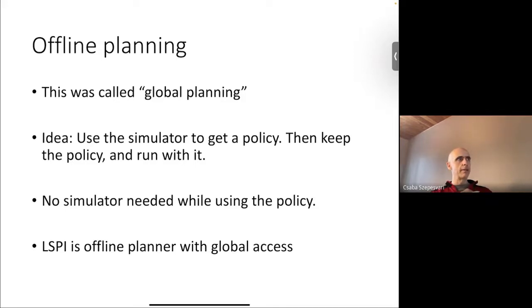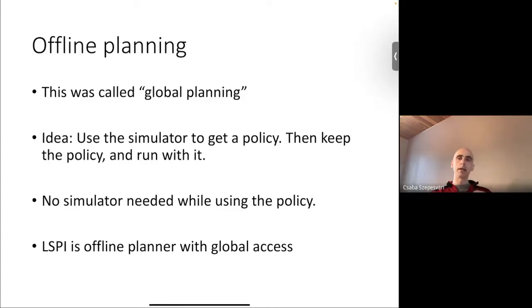So that was like online planning. But then we didn't like the fact that things blow up exponentially with the horizon. And then we said, okay, let's add function approximation. Then you can still do online planning, or you can do offline planning.